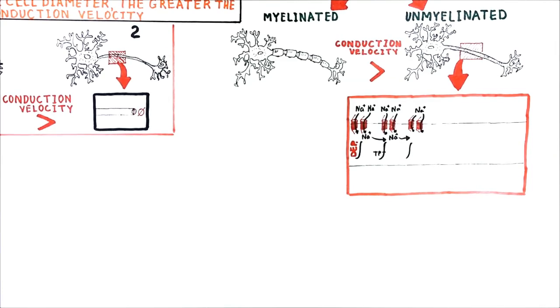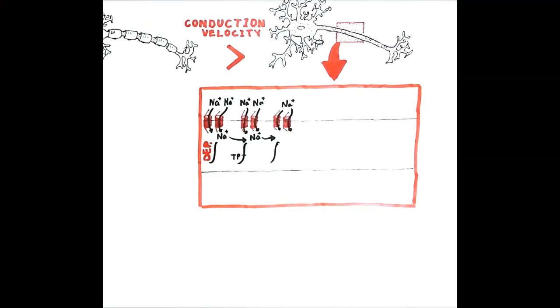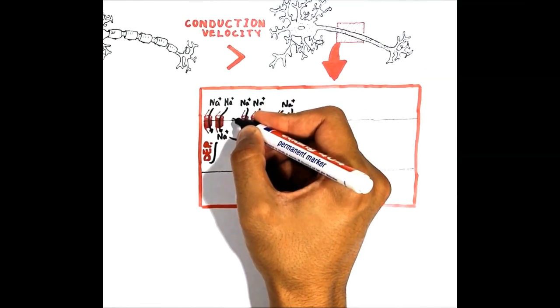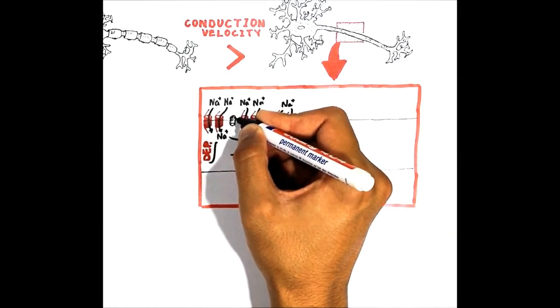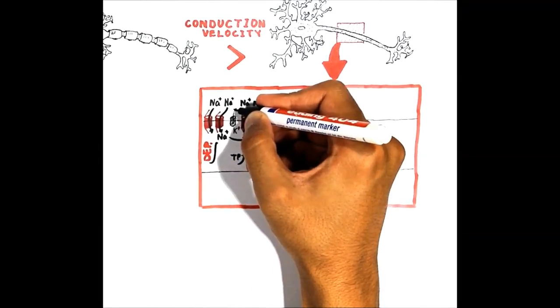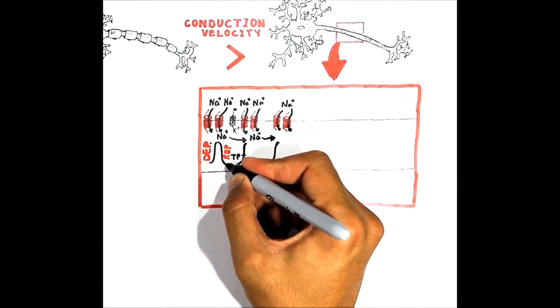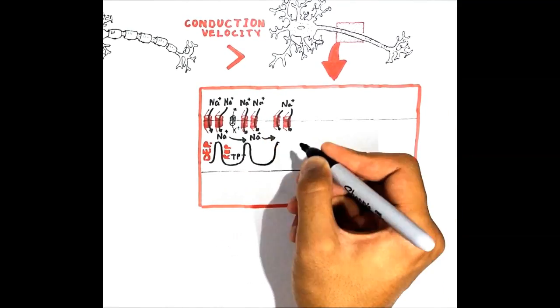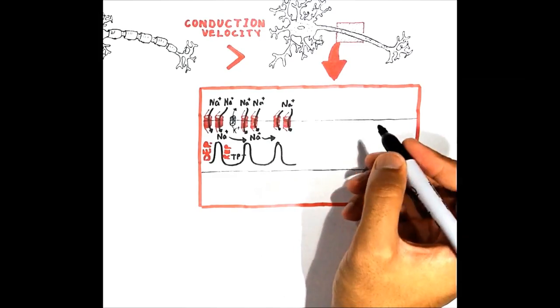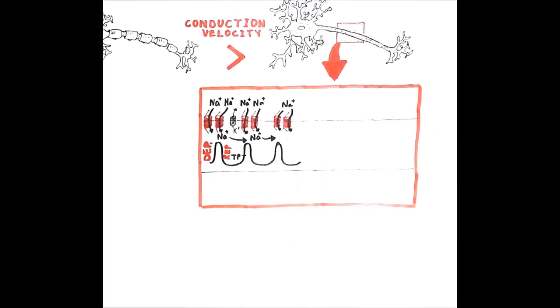And of course, don't forget that as sodium rushes into the cell, depolarizing this part of the membrane, voltage-gated potassium channels open and potassium leaves the cell, causing repolarization of the membrane. So depolarization is followed by repolarization. This is how the action potential propagates and travels to the CNS through the unmyelinated neuron.